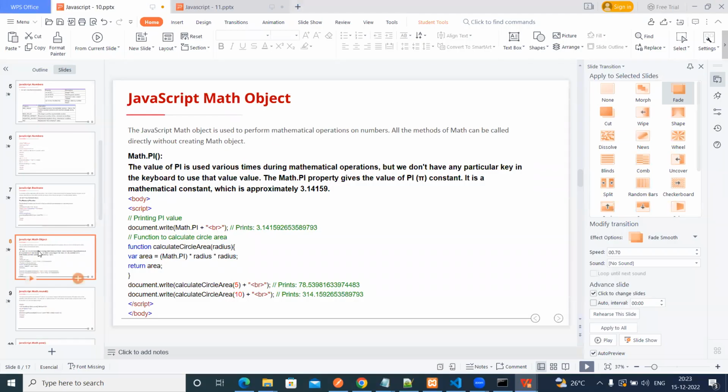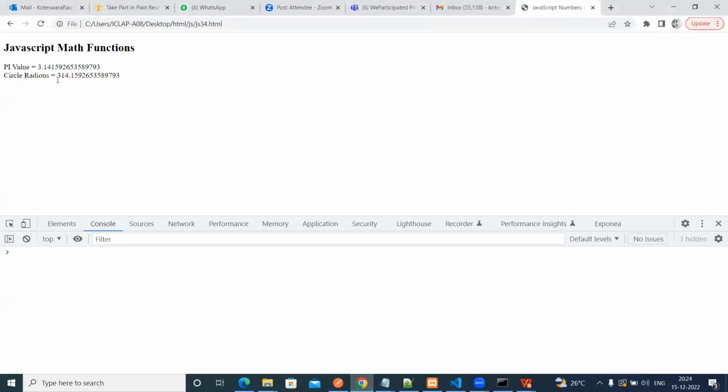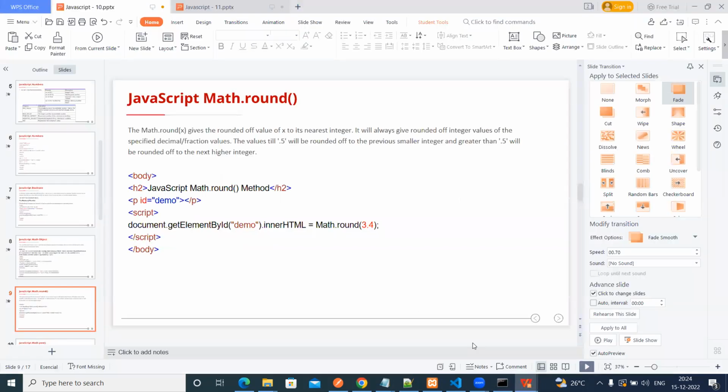So all the things are very, very small. The next one is Math.round. Now we are getting the big decimal value, right? If you want to round this value, then we have a JavaScript function called Math.round. Math.round returns the rounded value of x, the nearest integer.